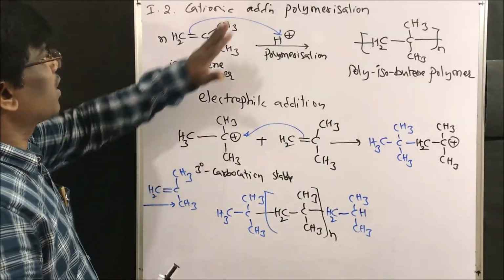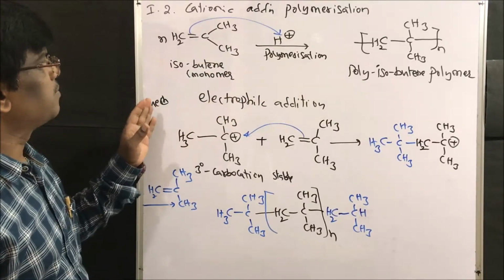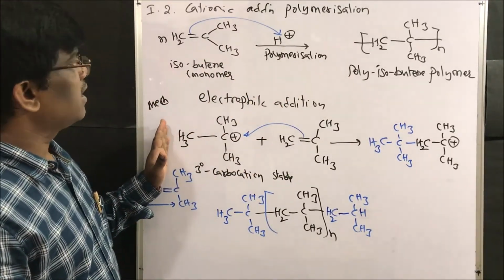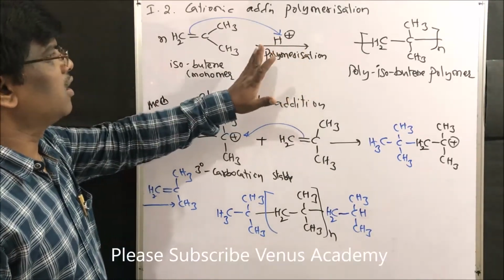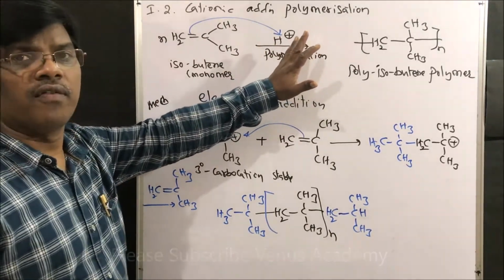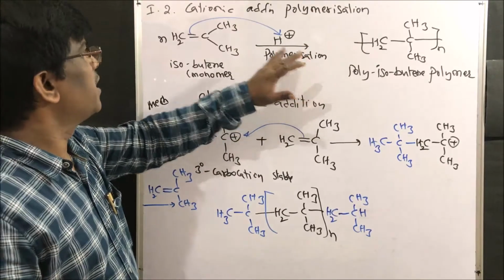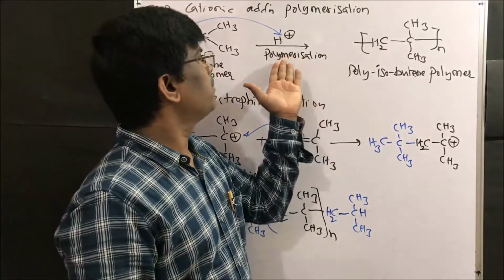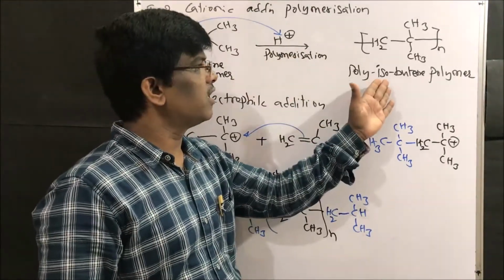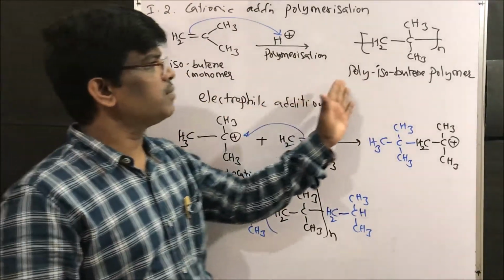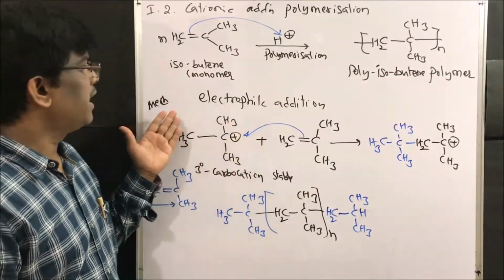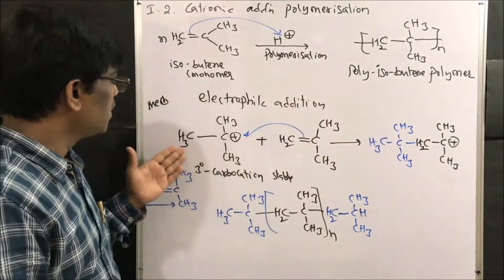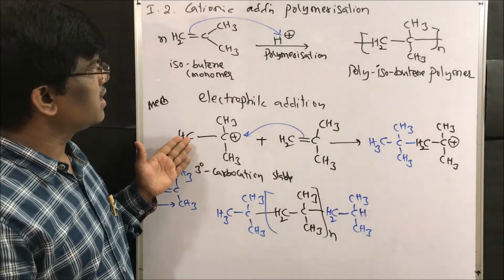Yes friends. So cationic addition polymerization takes place by an electrophilic addition reaction, right? This reaction takes place in the presence of a catalytic amount of acid. Isobutene, for example, is a monomer, and in the presence of acid catalyst it gives polyisobutene polymer, right? This mechanism follows the electrophilic addition reaction mechanism.